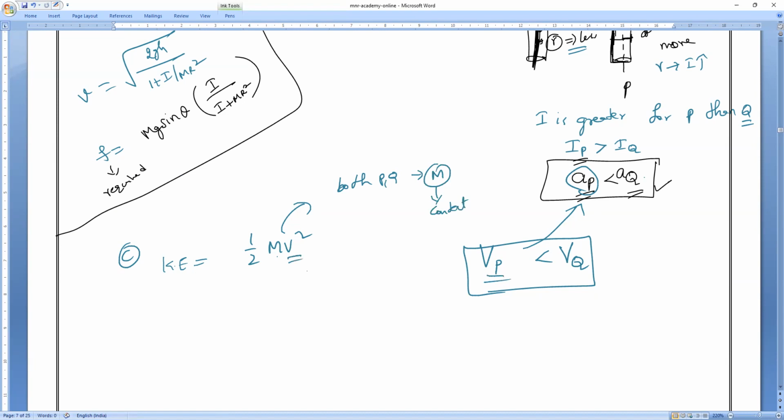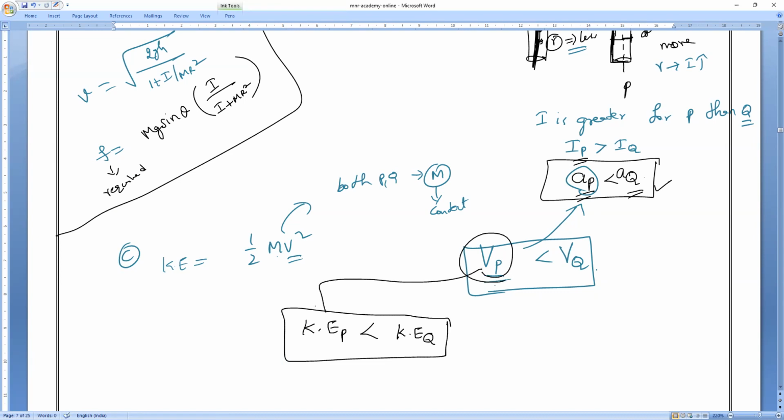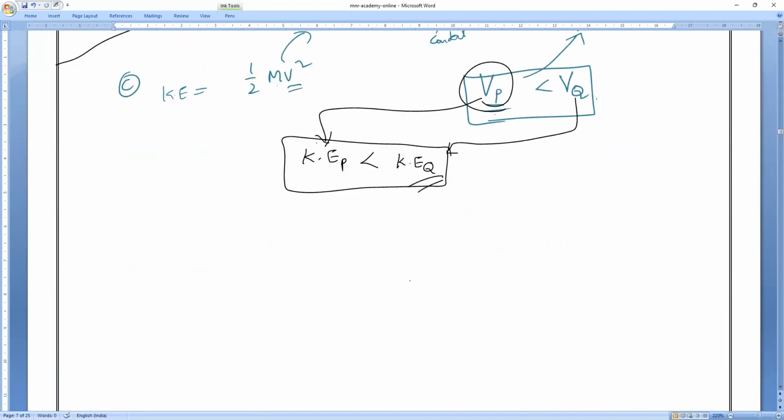Velocity of P is less than velocity of Q. So tell me now, is translational kinetic energy the same or different? Kinetic energy of P is less than kinetic energy of Q, because velocity of P is less, so kinetic energy is also less. Velocity of Q is more, so kinetic energy is also more. That is what you have to remember. Okay, guys.